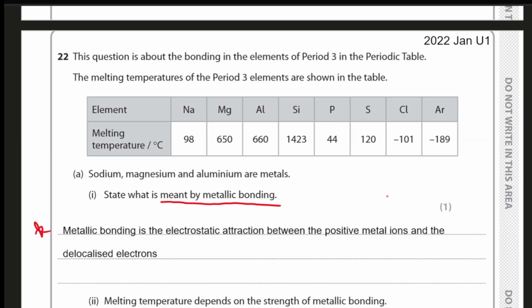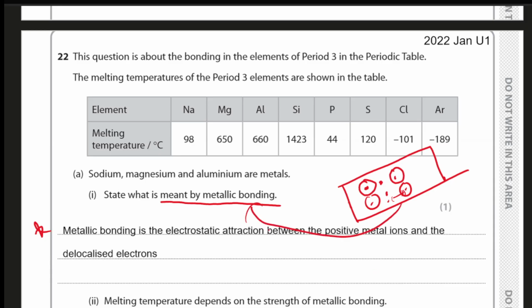That's right. In metals, positively charged metal ions are produced with the electrons coming out to become delocalized, and the attraction produced between these electrons and the positively charged ions is very strong, which is known as metallic bonding.